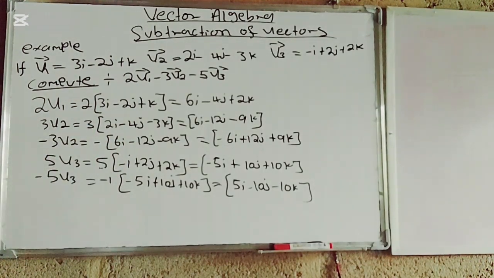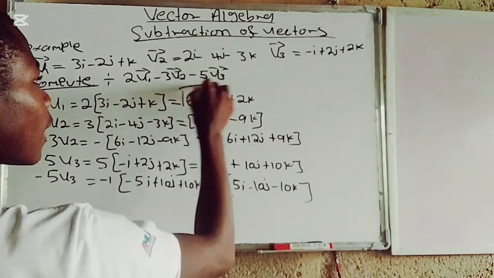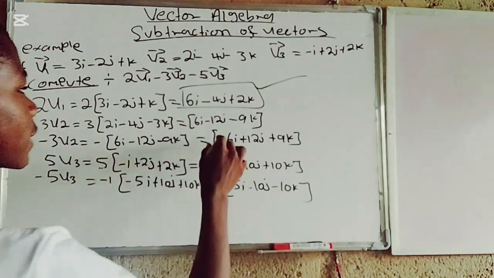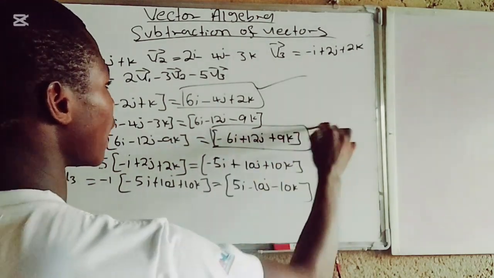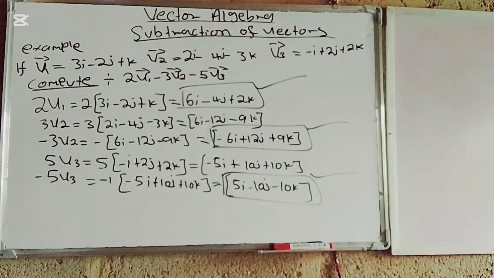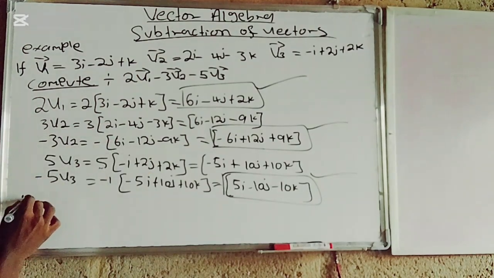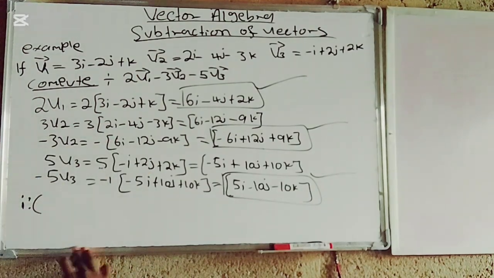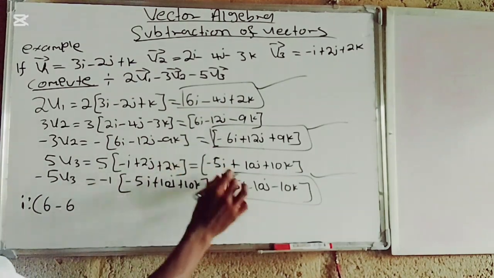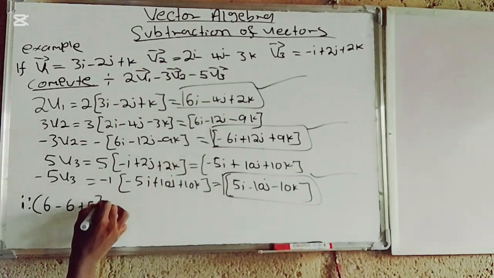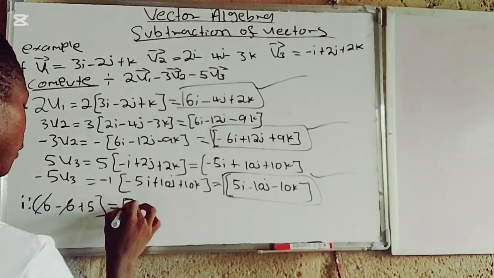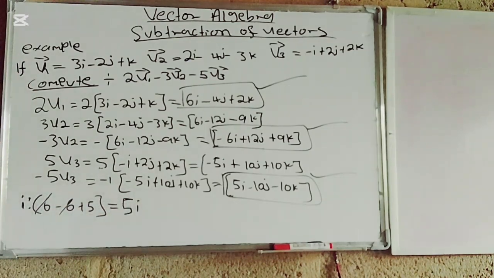So take note that these are my final answers for 2v1, for negative 3v2, and for negative 5v3. For i, I will end with 6 minus 6 plus 5, so it will now become 5i.